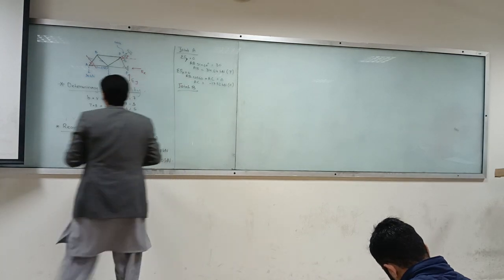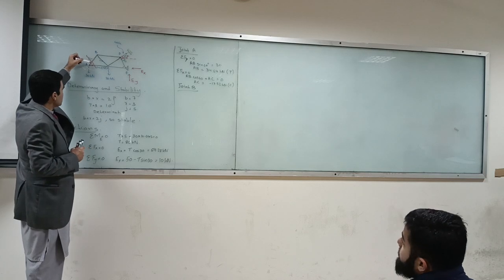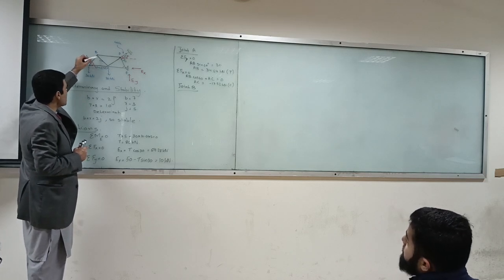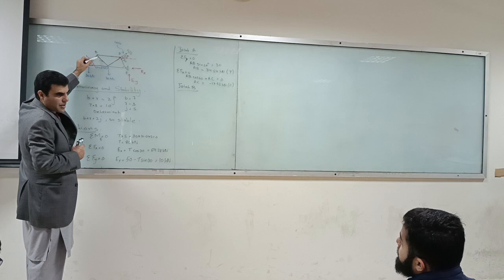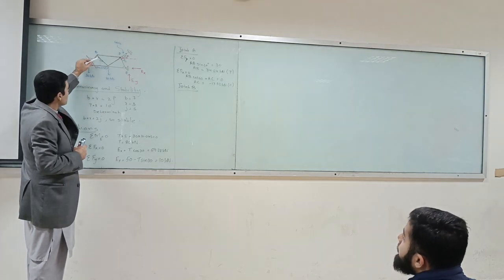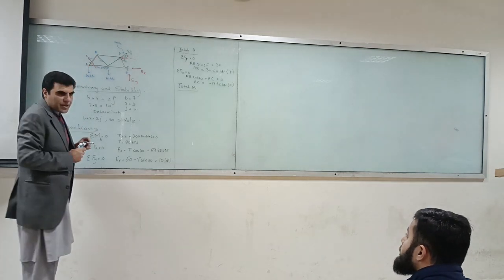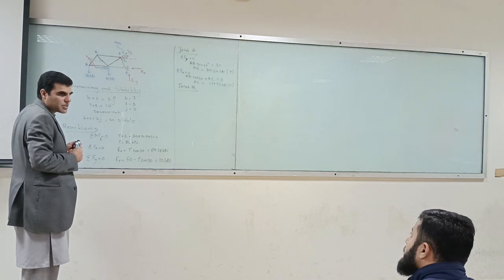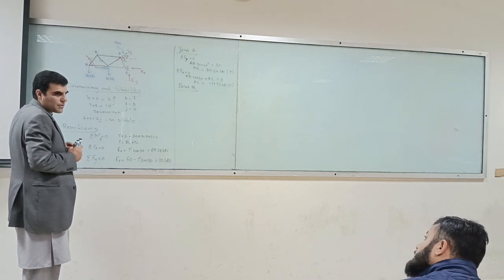So what should we do first? We know AB. Now over here we have BC and BD. So what should we do? Summation of Fx or summation of Fy?